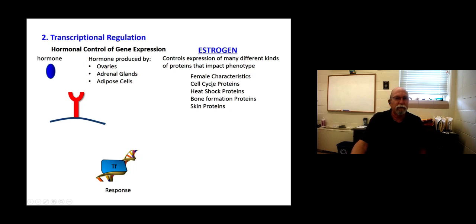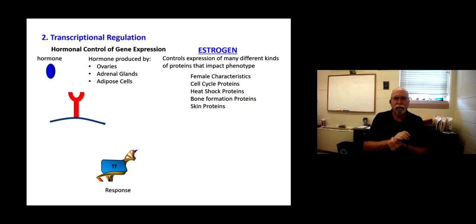It affects cell cycle proteins and heat shock proteins. It's involved in the formation and restructuring of bone and calcium absorption, and it's also involved with skin proteins as well. It turns out that thickening of the skin occurs, and with estrogen present, you get the skin changing structure.